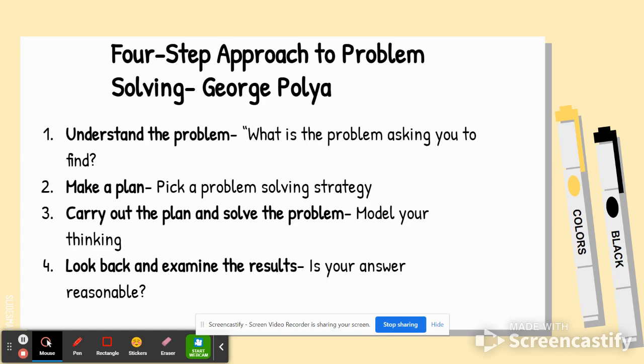Number two, then they have to come up with a plan. So problem solving strategies can look so different. It's basically just that roadmap from how are we going to get from point A to point B. And I always like to give an analogy: okay, guys, if we were about to go to the mall, how are we going to get there?